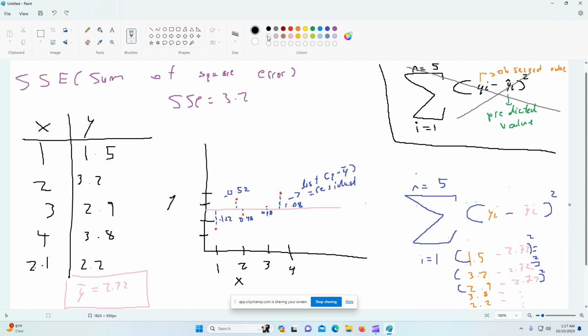And later on, I'm going to put this in red, we want to reduce SSE, right? And in the next video, I'm going to actually use this equation.